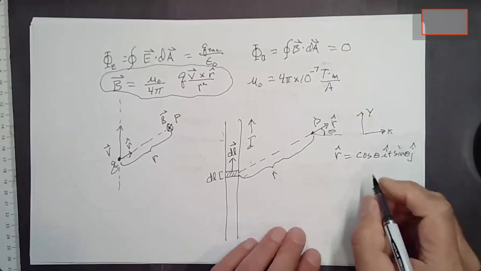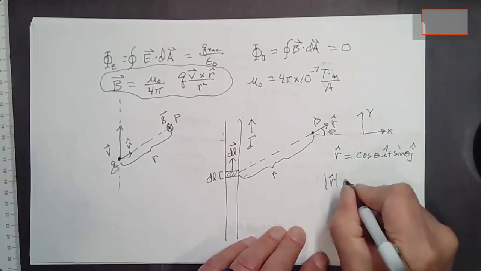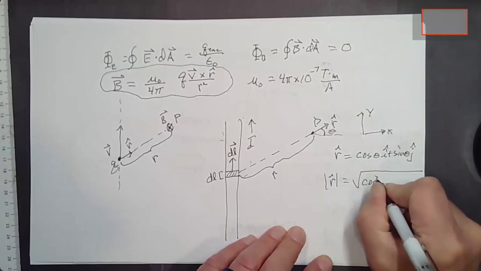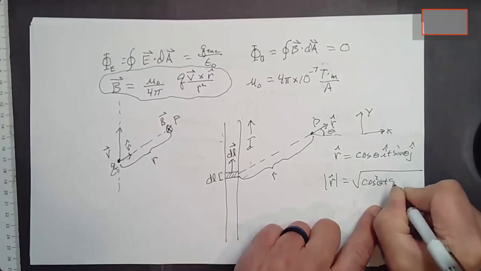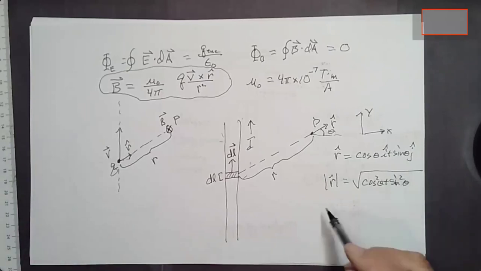And you know it'll be a unit vector because the magnitude of r hat will equal the square root of the cosine squared of theta plus the sine squared of theta. Okay, so that tells you it's got a magnitude of 1.